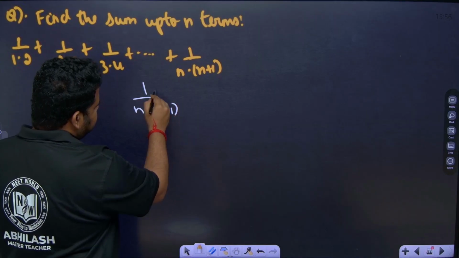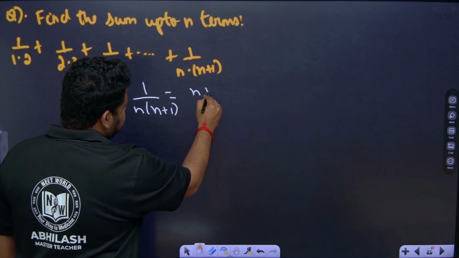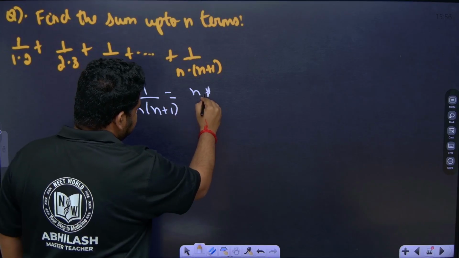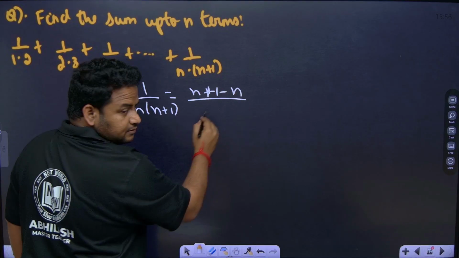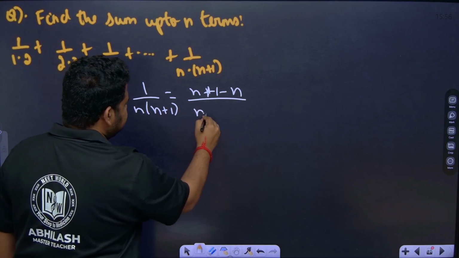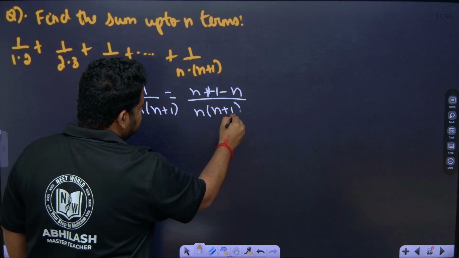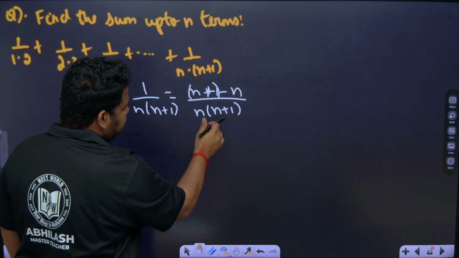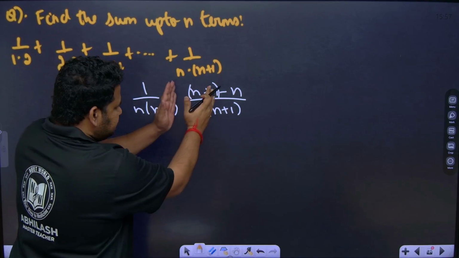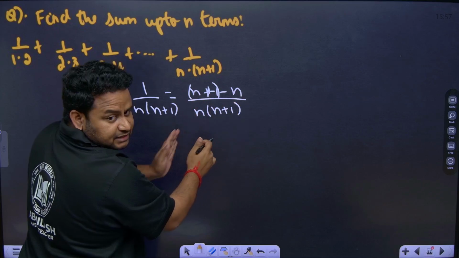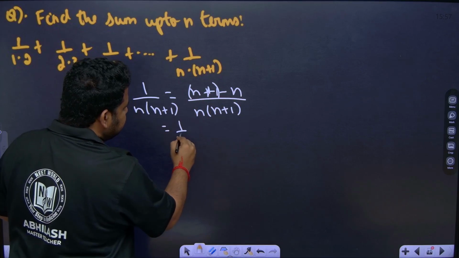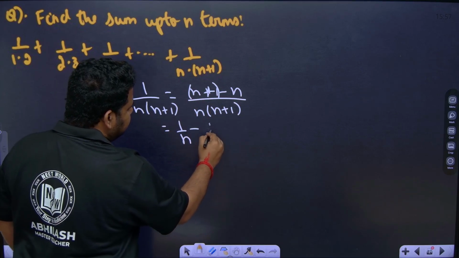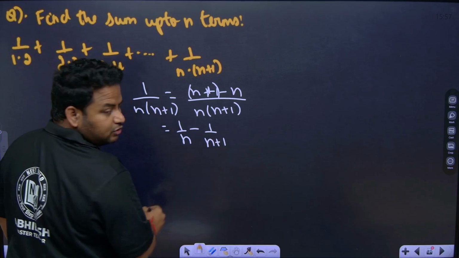This 1 can be written as n plus 1 minus n, right? N plus 1 minus n divided by n into n plus 1. Now I will separate and divide it. What will I get? 1 by n minus 1 by n plus 1. This is what I get.